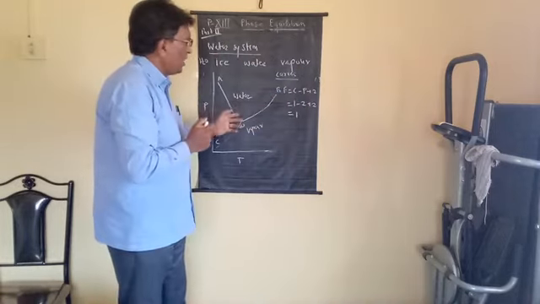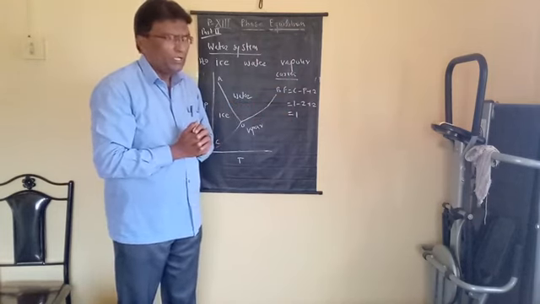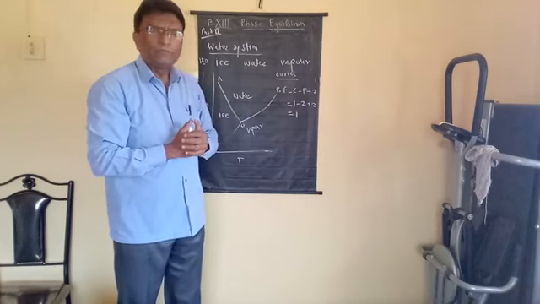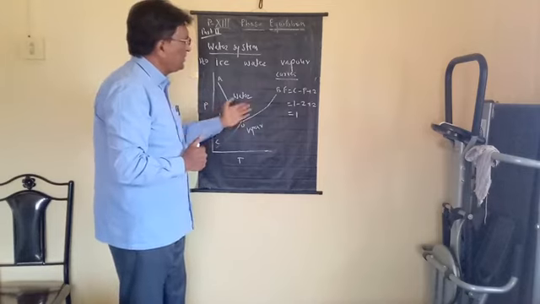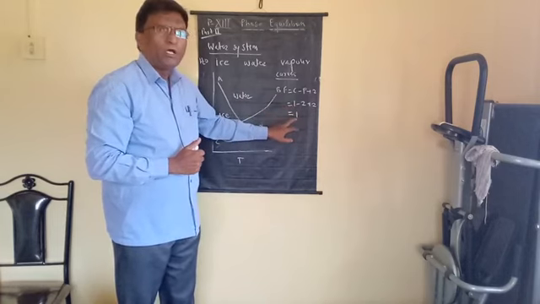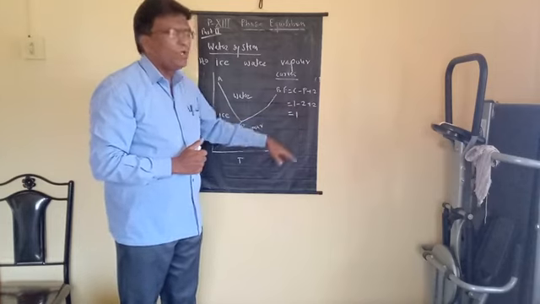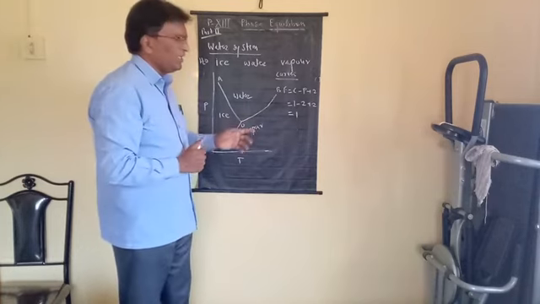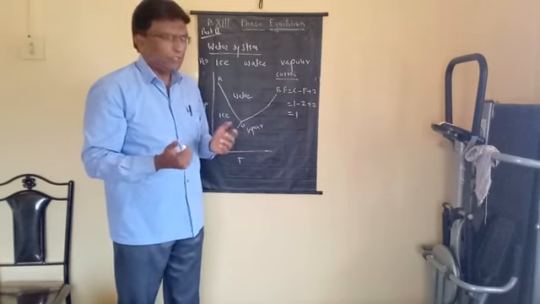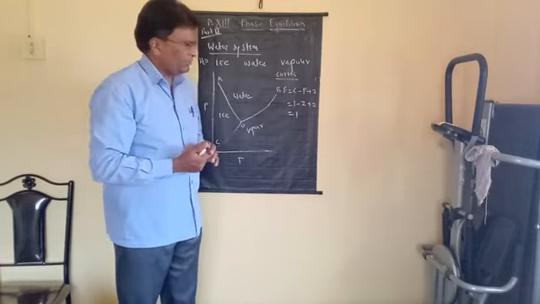That means along the curve, the degree of freedom is 1. That means curves are univariant. What does it mean? If you want to define the system on the curve, it requires only one variable to be fixed. By stating one variable, either temperature or pressure, we can define the system on the curve. That's why curves are univariant.